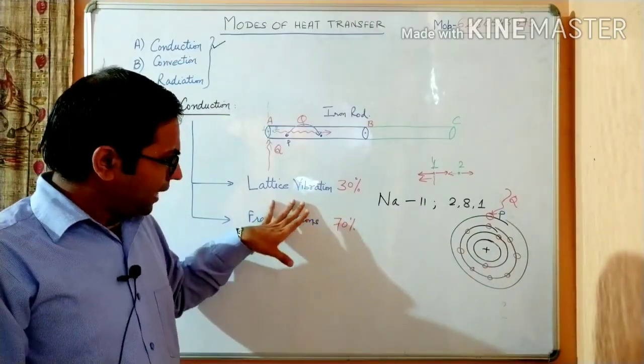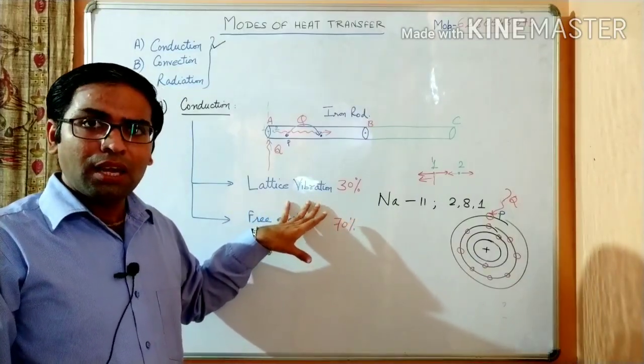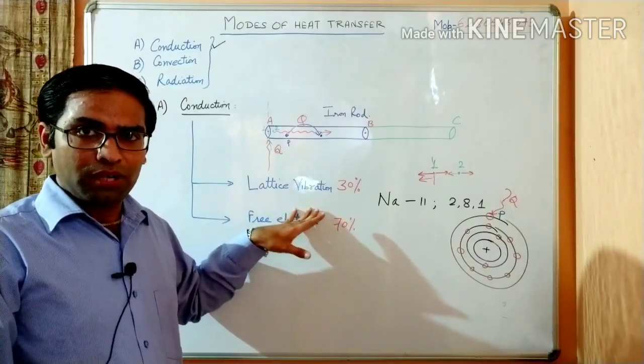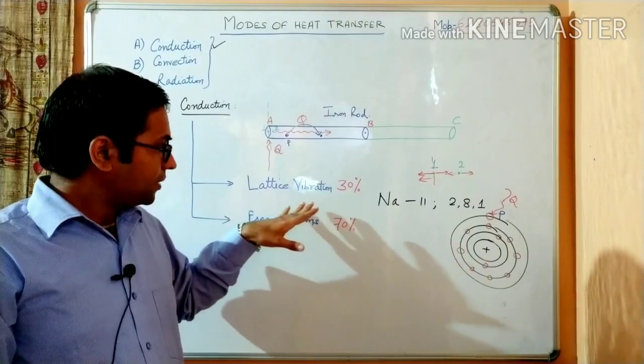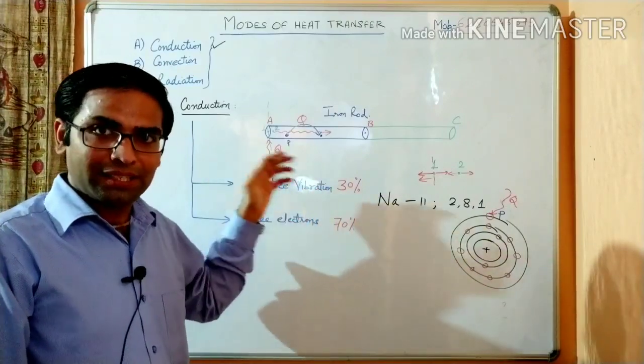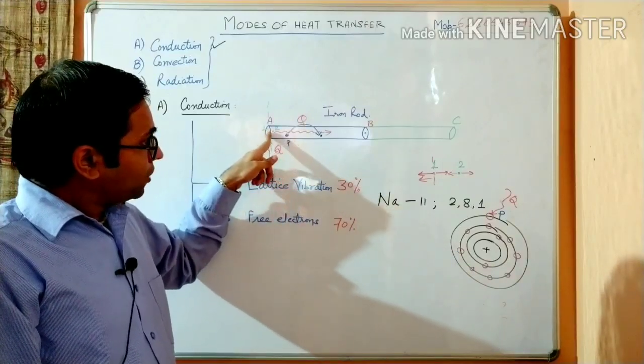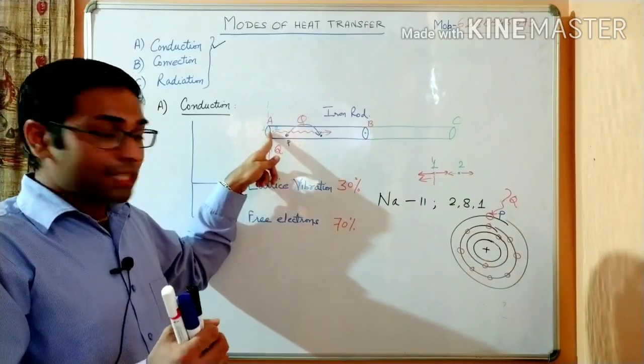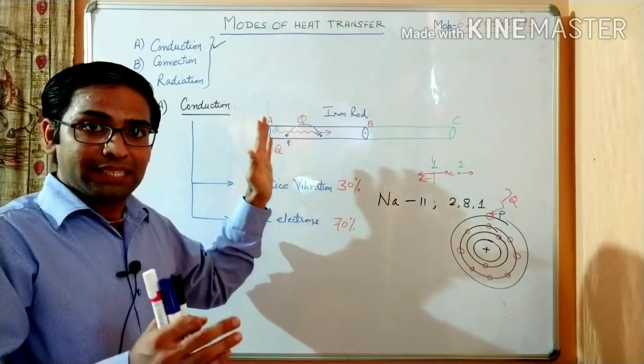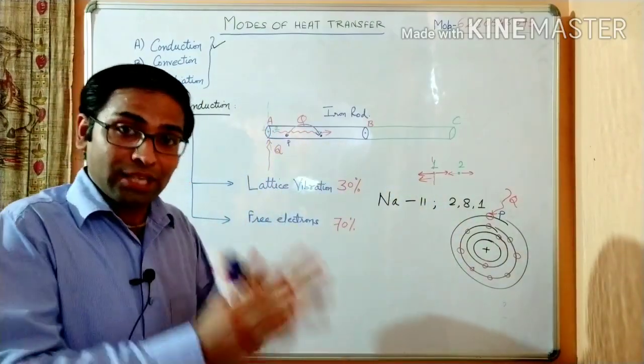If we ignore these free electrons, because this is applicable in the case of metals only, not in all cases. In all cases lattice vibration is the factor. So what happens in lattice vibration: a particular molecule after receiving heat starts vibrating about its mean position, but it doesn't leave its mean position, it stays over there.